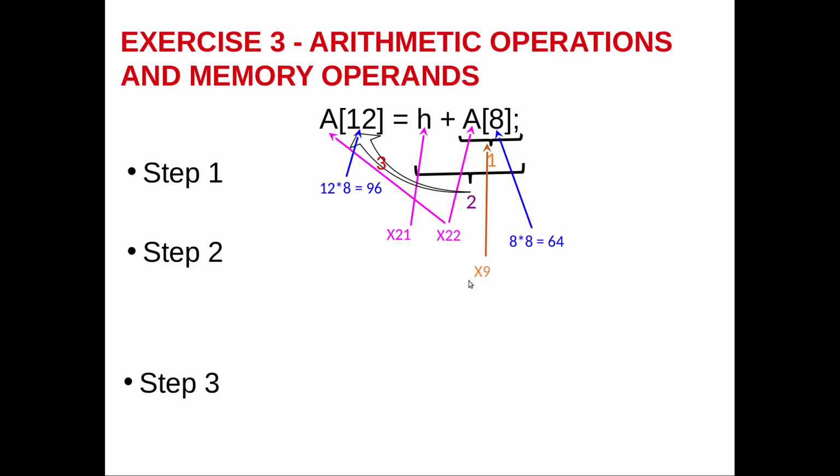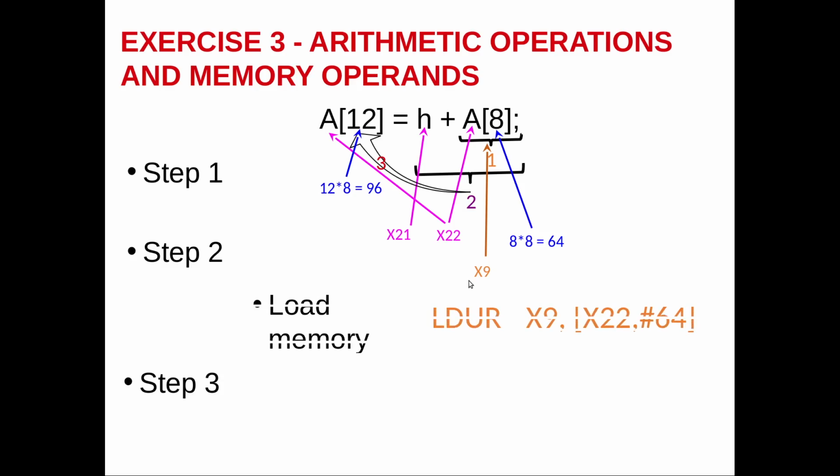So in the third step, we will do the calculation. At first, we will need to load from memory. We already have this instruction before, that is LDUR X9, X22, and the immediate offset address of 64, in which the 8th element of the memory A, which starts from the address shown by X22, will be loaded into register X9.